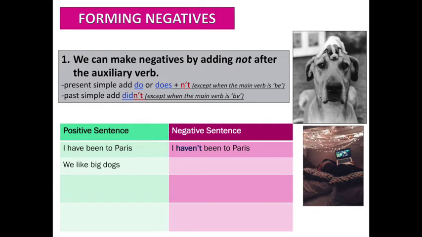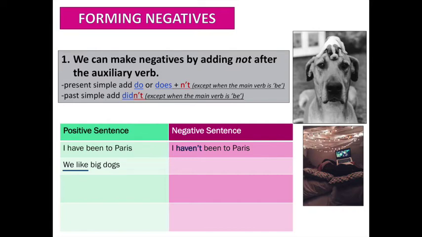We like big dogs. This is a present simple sentence. And look, there is no auxiliary verb. Remember, for negative present simple, we use the auxiliary verb do or does.